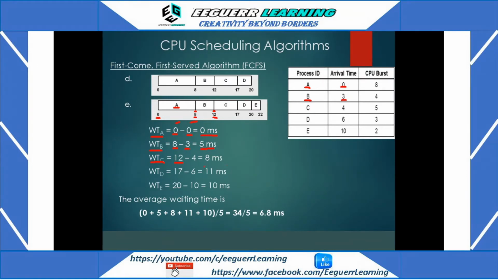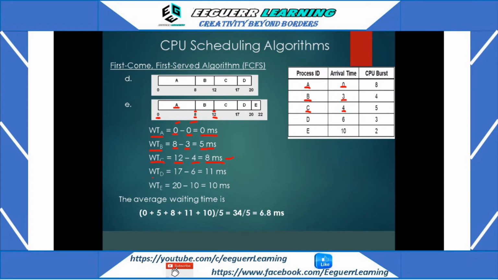We look at the arrival time of letter C. The arrival time is 4, and we place 4 here, and we subtract the values. 12 minus 4 gives us 8 milliseconds, so the waiting time for process C is 8 milliseconds.